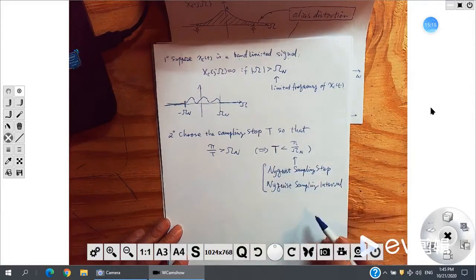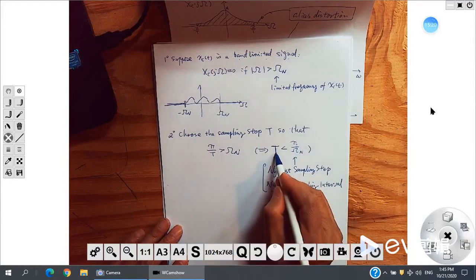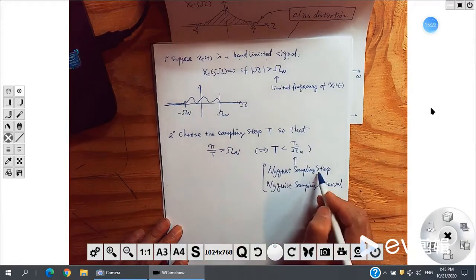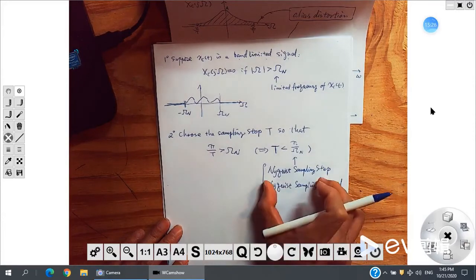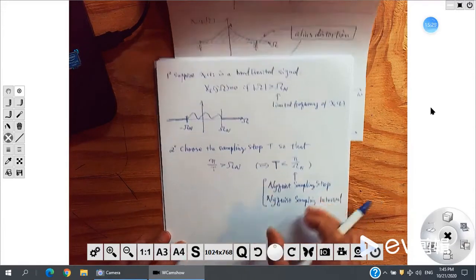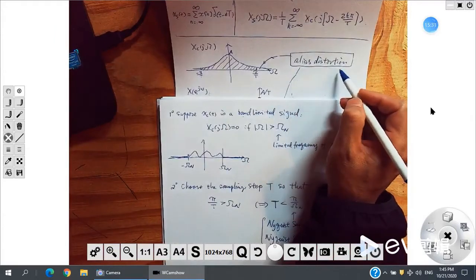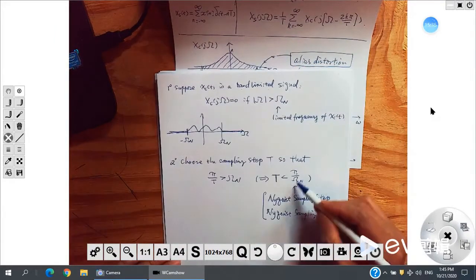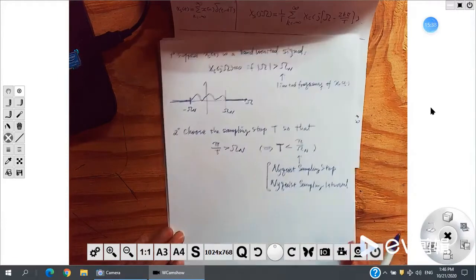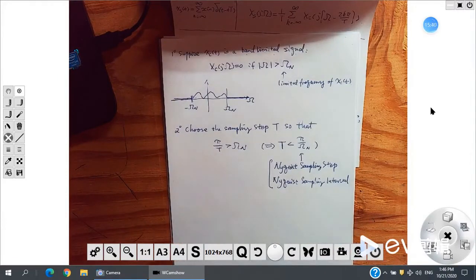When you take samples, you need to choose the step T smaller than this Nyquist sampling step. If you choose T larger than that, you will have alias distortion. If you choose T just equal to the Nyquist sampling step, then it depends. For some signals it is good, for other signals it won't be so good.